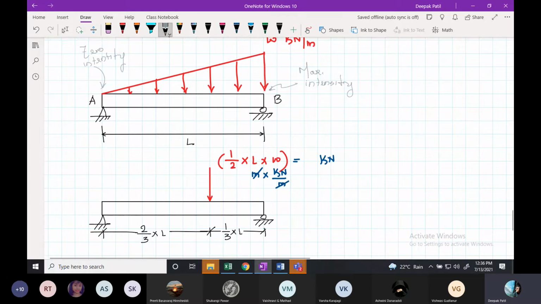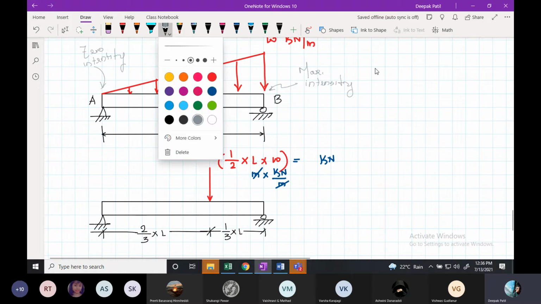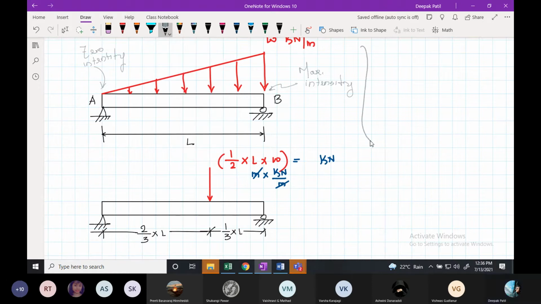So this is how we do the conversion of a uniformly varying load to an equivalent point load.